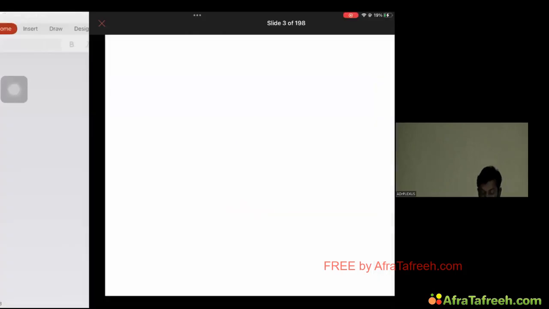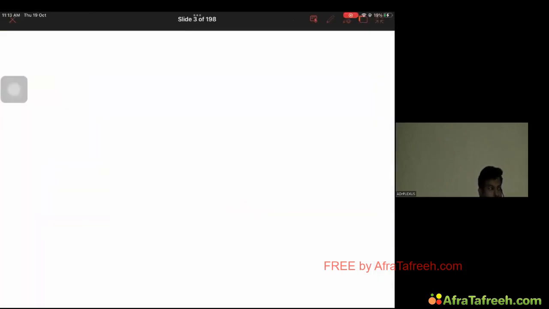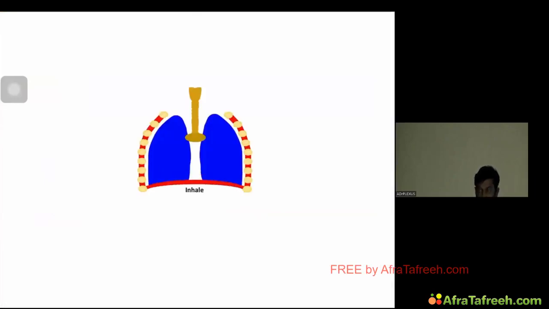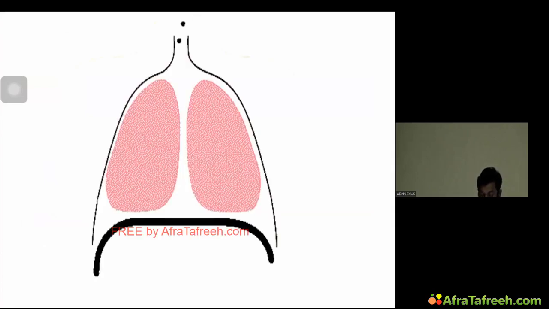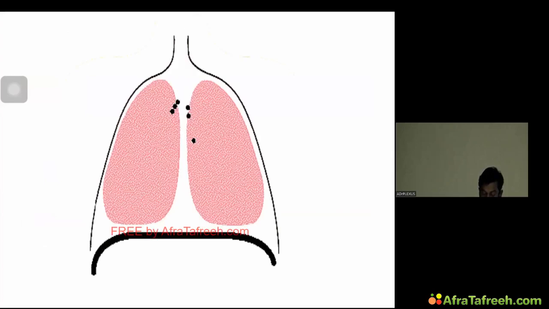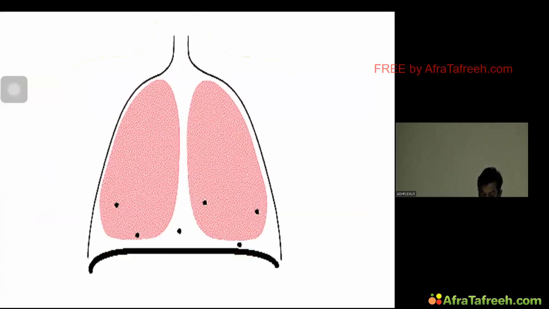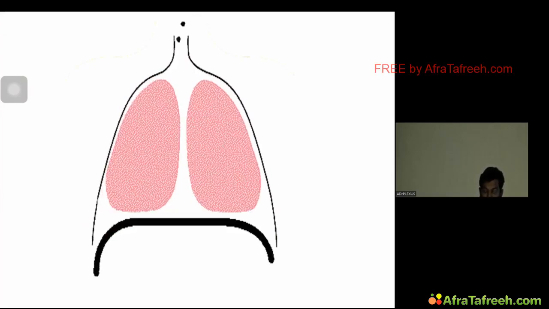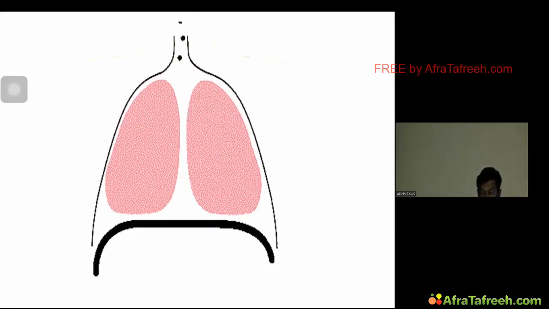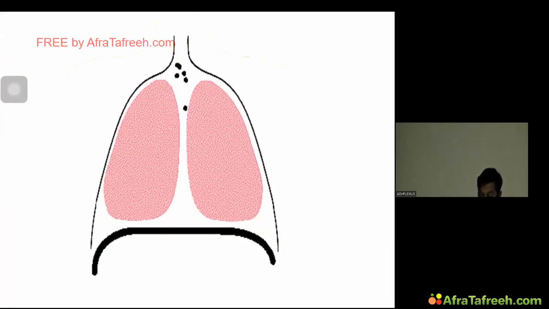Spirometry. So pulmonary function test and spirometry. Whenever you take your lung, the lung usually inhales and exhales. The air goes inside the lungs and comes out of the lungs, and this lung can be obstructed or restricted in two areas.